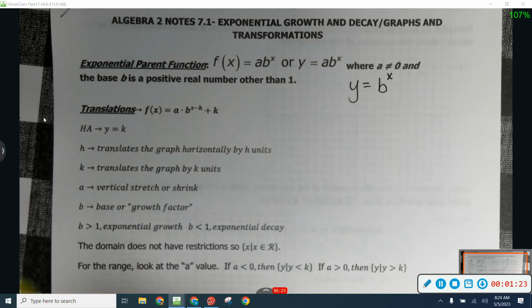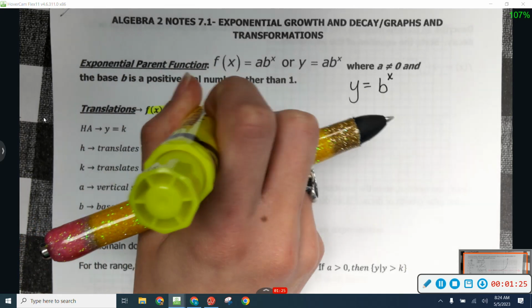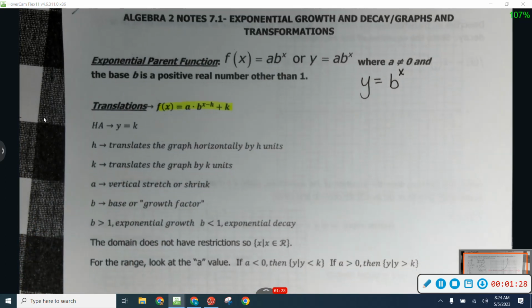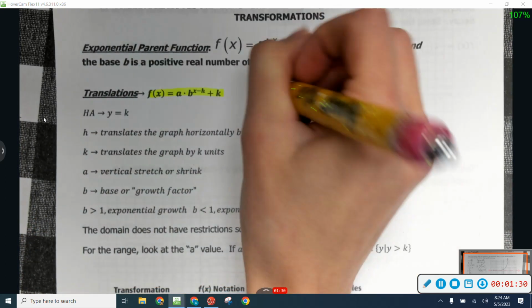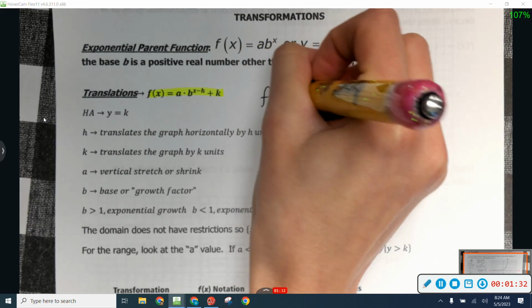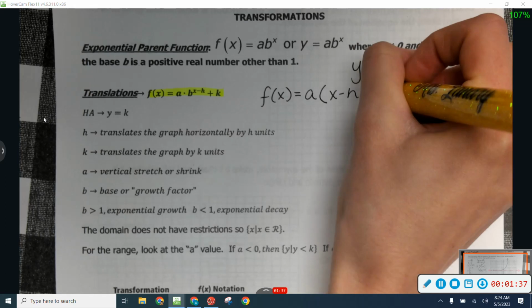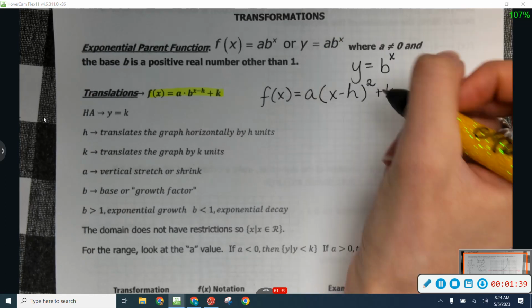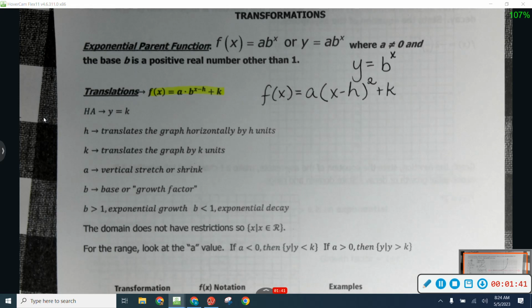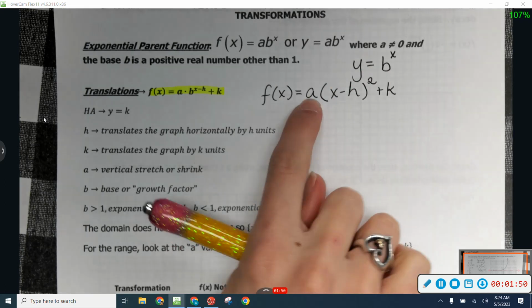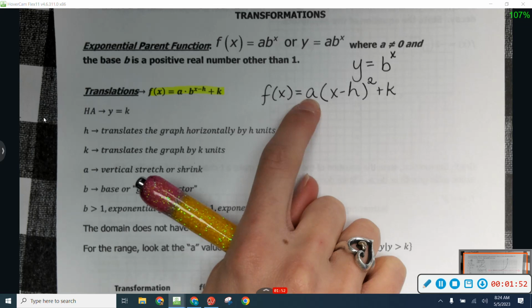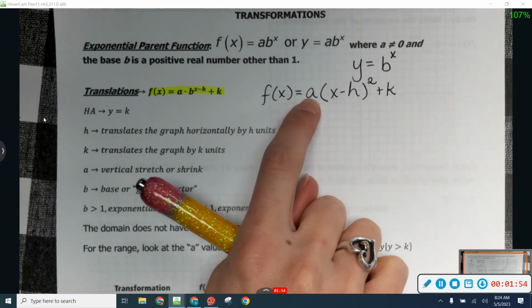So if I'm looking at f of x equals a times b to the x minus h power plus k, you can kind of compare that to if I had f of x equals a times the x minus h squared plus k. So think about that quadratic form that we would look at. That's considered vertex form, but that's what would tell us our transformations. Okay, so if you remember, the a here would tell me if I had a number in front of the parentheses, it would indicate a stretch or a shrink, right?